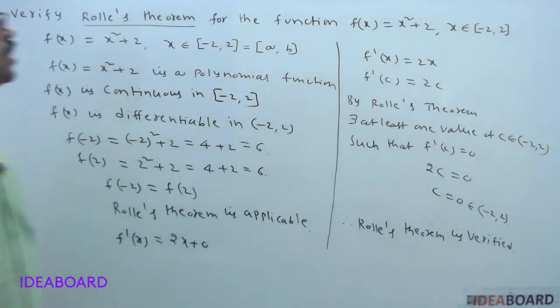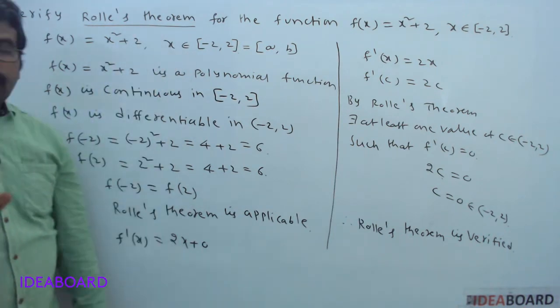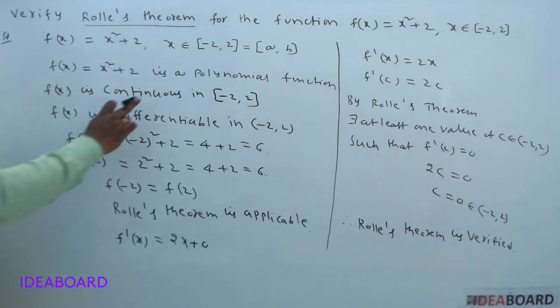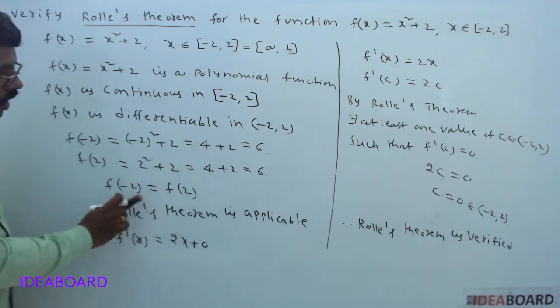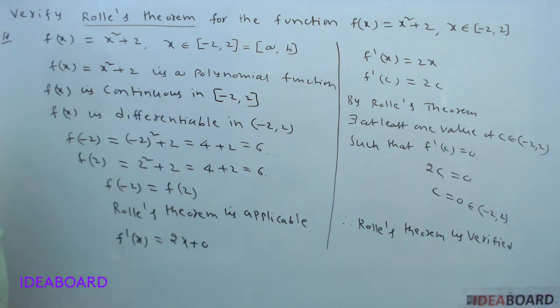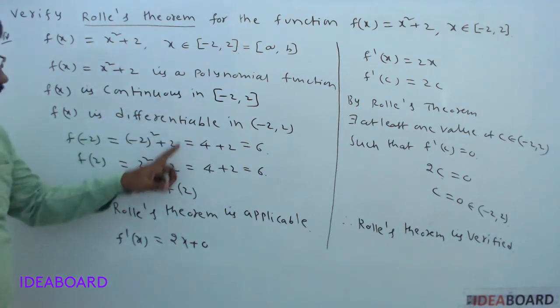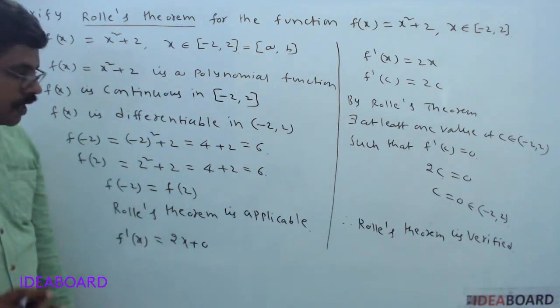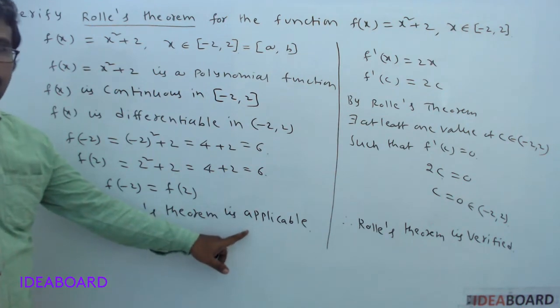So what are you doing in this solution of the problem? In Rolle's theorem, first you have to verify three conditions: continuous, differentiable, and f(a) equals f(b). If a function f(x) satisfies these three conditions, we say that Rolle's theorem is applicable.